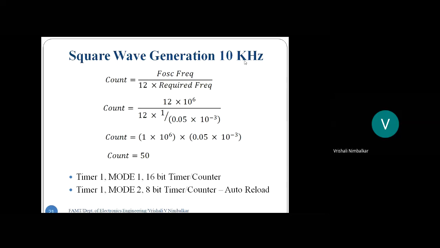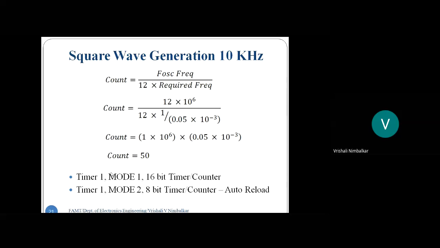So we will be using timer to generate a delay of 0.05 millisecond. And the count calculation came as 50 in decimal. Now this count is within the maximum limit of mode 0, mode 1 as well as mode 2 as well as mode 3. So we decided to obtain the square wave using mode 1 in yesterday's lecture.